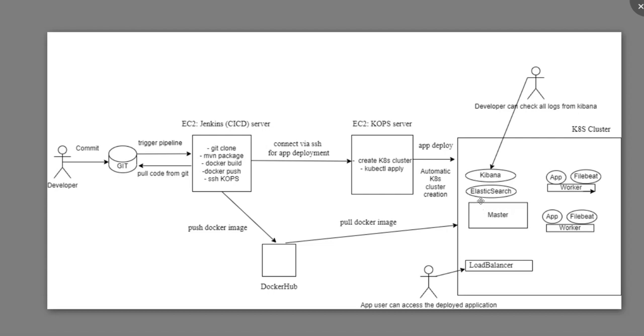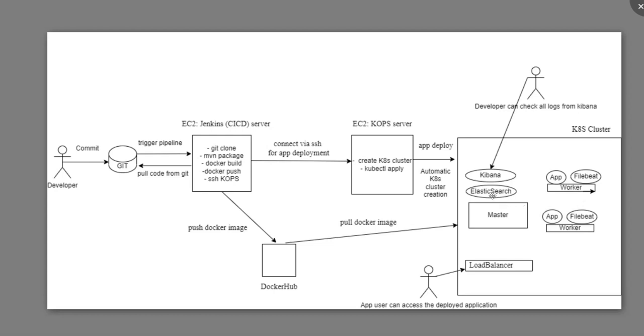At the end, we also apply a logging system to our Kubernetes cluster. For this reason we installed EFK: Elasticsearch, Kibana, and Filebeat. Filebeat will be installed in the Kubernetes cluster as a daemon set, because it will collect all the logs from each worker node.